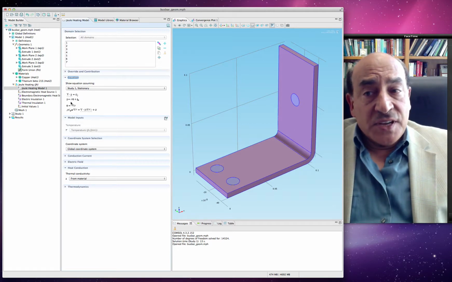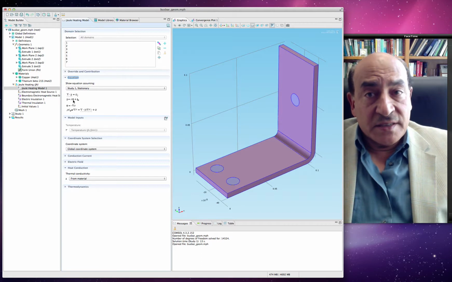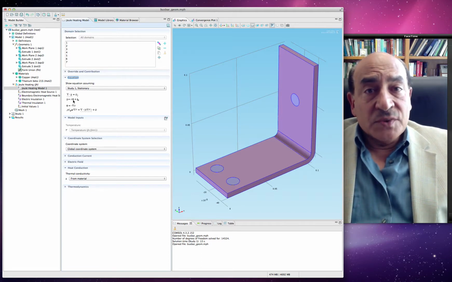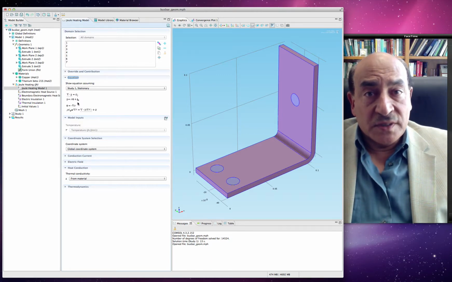And then J is proportional to E. Sigma is the conductivity, which is the inverse of resistivity. So this line here is like just Kirchhoff's law of current is equal to the voltage divided by the resistance plus an additional electromagnetic term for transient, so we'll forget about that one.